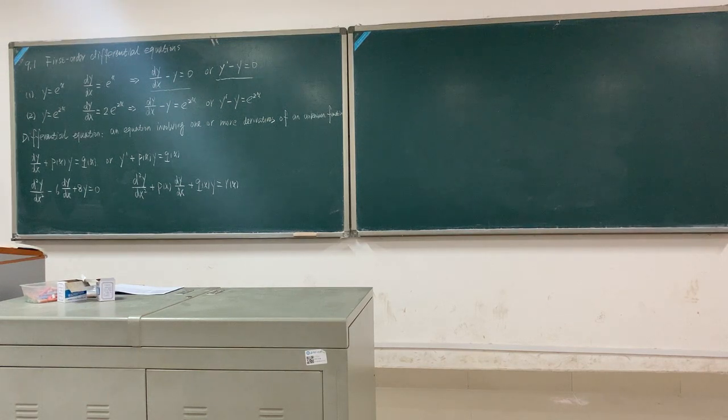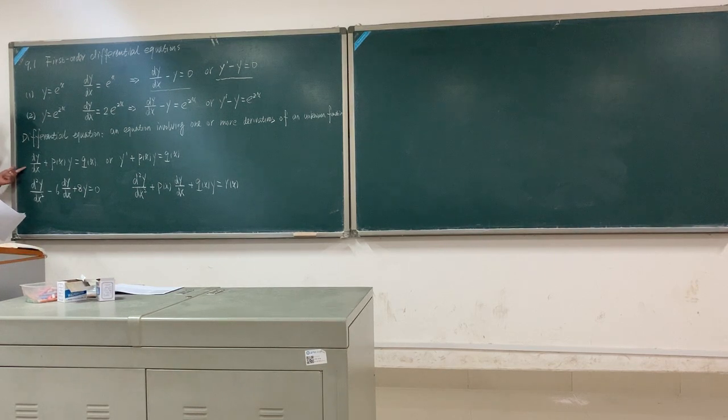Now let's see: in the first equation, the highest order derivative is the first order derivative, and in this equation the highest order derivative is the second order derivative. This is the difference.